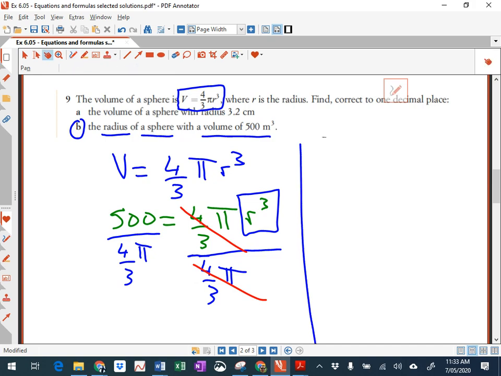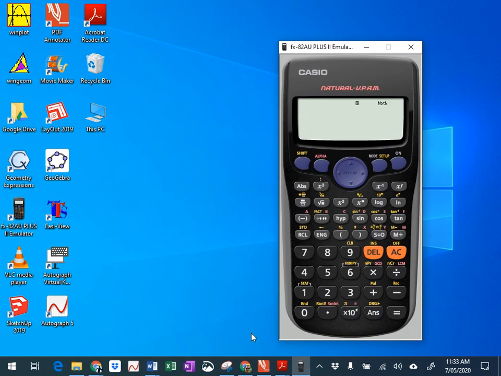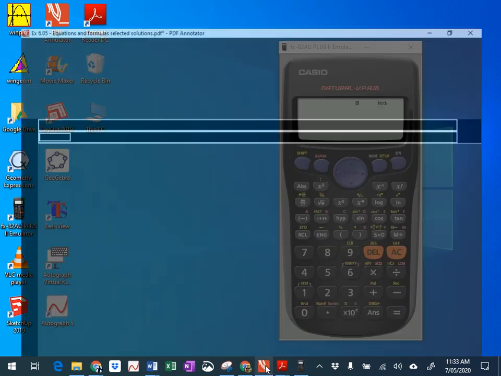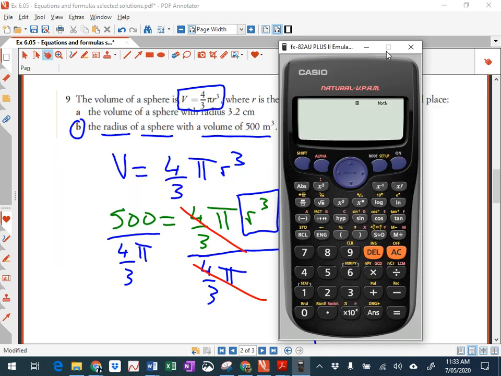So let's see how that works. See if I can get my calculator up and running. Here we go. There's my calculator. So you're going to press on your calculator the fraction button.